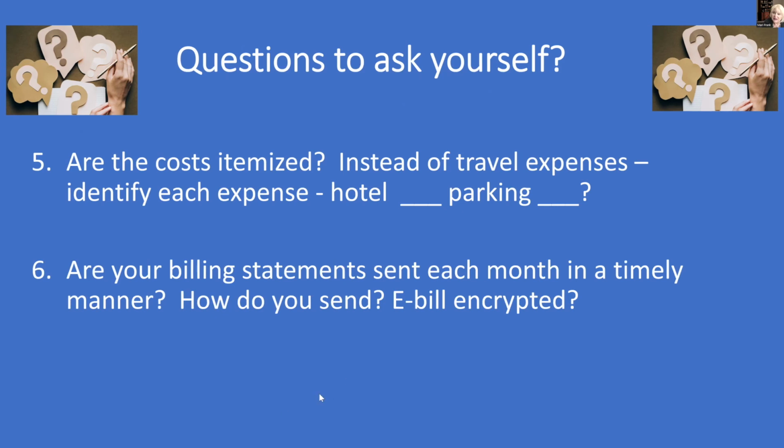And are your billing statements sent out each month in a timely manner? That means you don't want to have a billing statement that is sent out once every 6 months. I had a mediation in which there was a client who was upset because they kept asking for a billing statement, and you have to provide one within 10 days, at least, once a month.